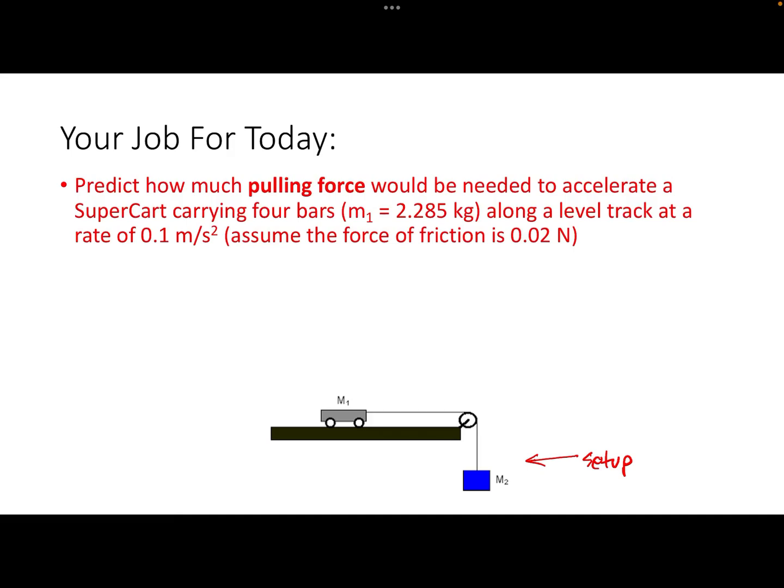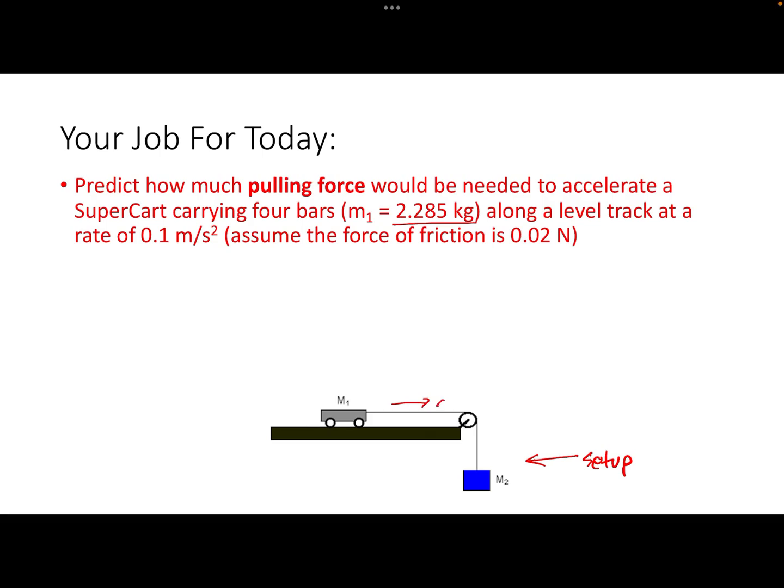That will give the whole thing, the supercart and the bars, a mass of 2.285 kilograms. The supercarts have a mass of about 0.285 kilograms, and each of the bars has a mass of about half a kilogram. Okay, and then your track is going to be level, so you're not going to have to deal with any angles here. You want to accelerate this cart. It's going to speed up to the right at a rate of 0.1 meters per second squared.